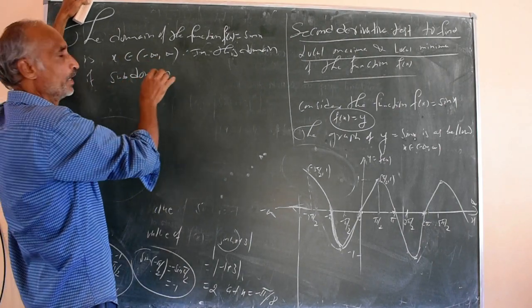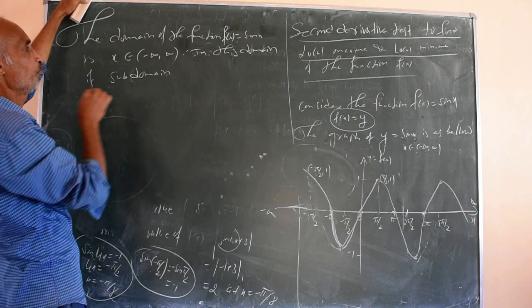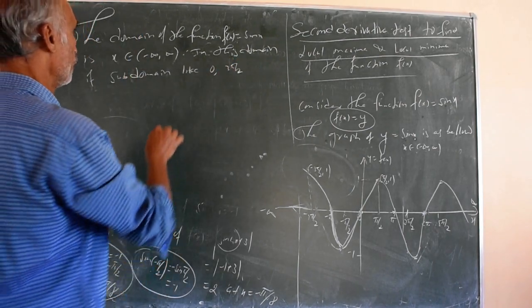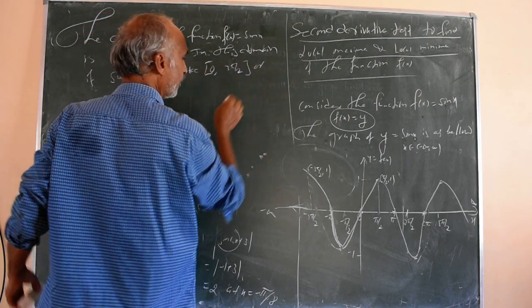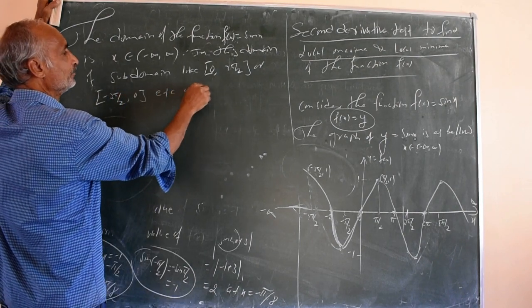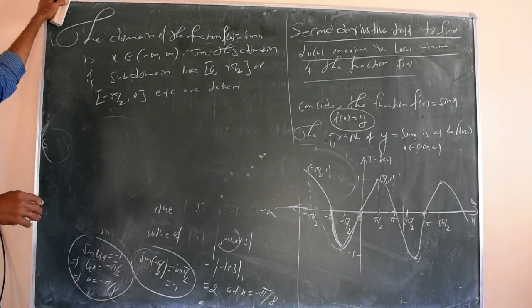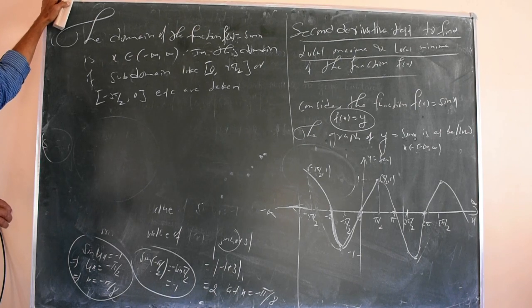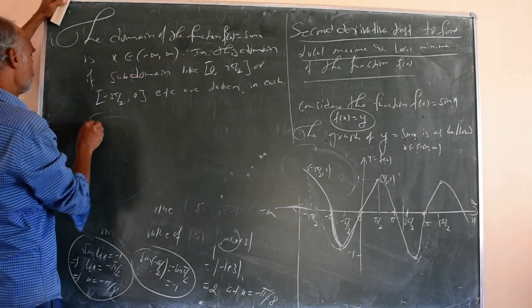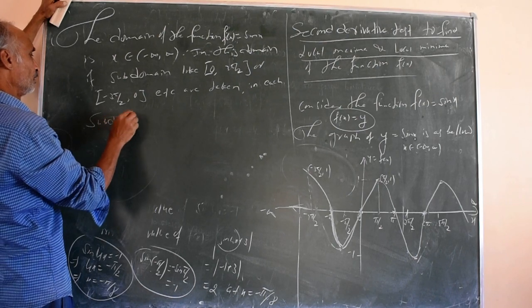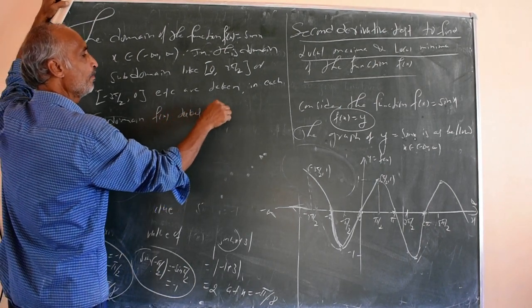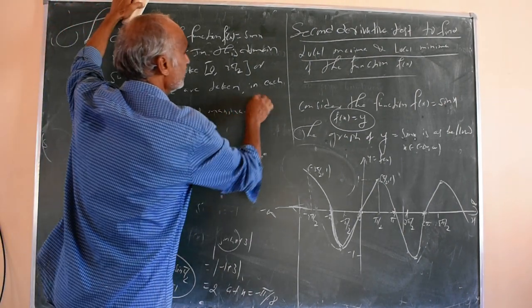If subdomains like 0 to 3 pi by 2, closed interval, or minus 3 pi by 2 to 0 and so on are taken, in each subdomain the function f of x attains maximum and minimum values.